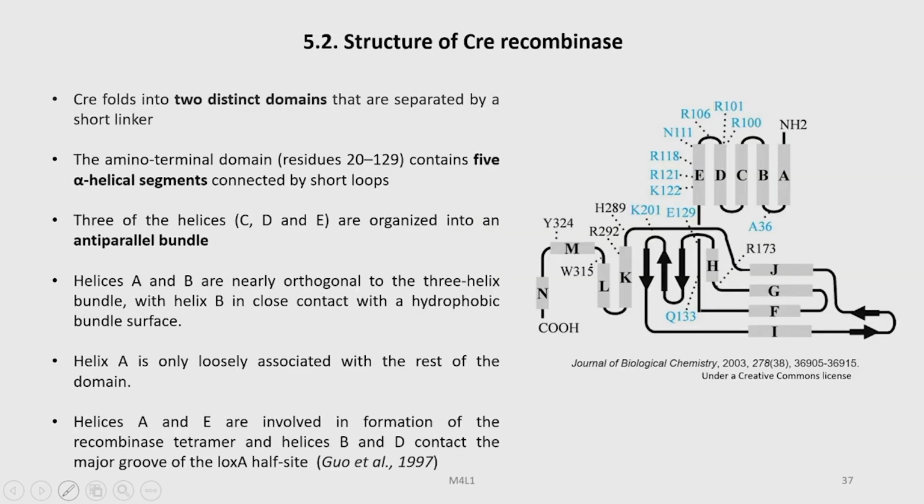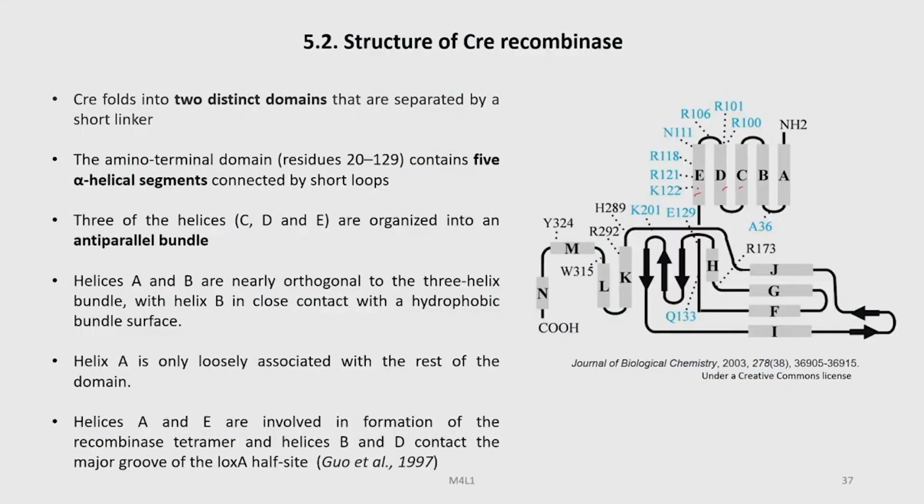Now, let us look into the structure of the Cre recombinase. The Cre falls into 2 distinct domains that are separated by a short linker. The amino terminal domain from residue 20 to 129 contains 5 alpha helical segments which are connected by short loops. 3 of the helices, C, D and E, are organized into an antiparallel bundle.